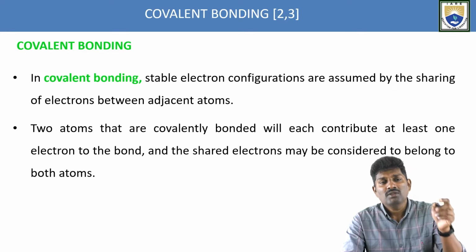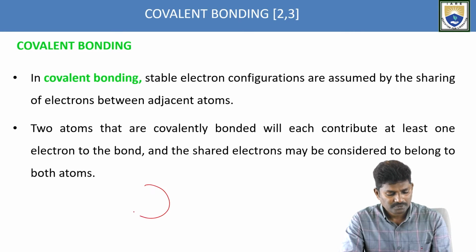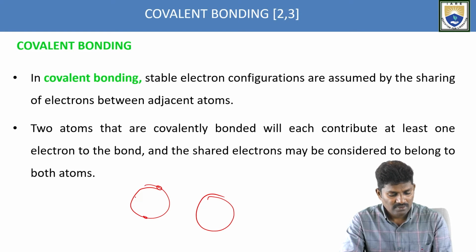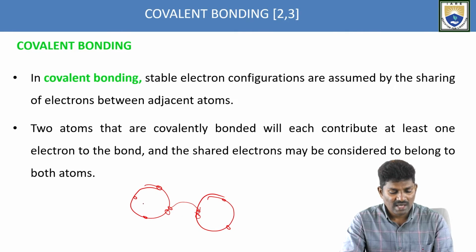So what is happening? What are the outer shells we have? Here you can have some, and here also you can have 3. Now the outer shell of this atom can be shared with this one. Initially you have 4 here.